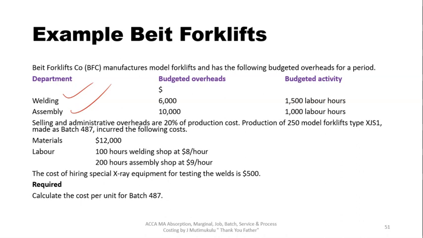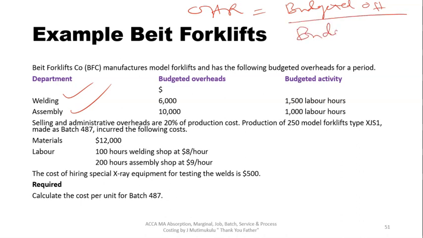So the first thing we have to do, ladies and gentlemen, is to determine the overhead absorption rate for each department. And for your information, overhead absorption rate is equal to budgeted overhead divided by budgeted activity.